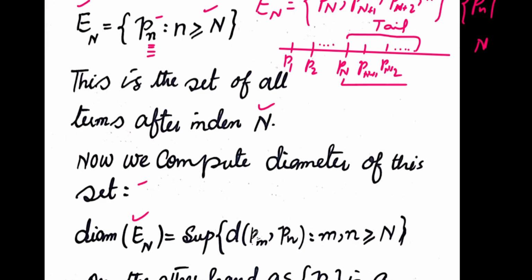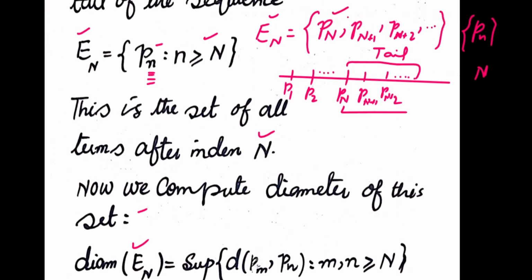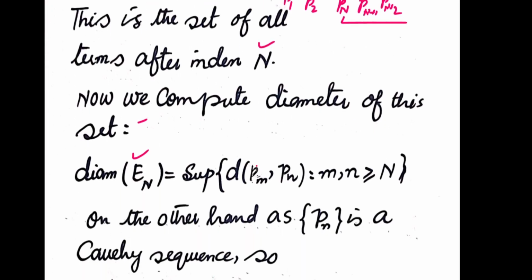As E_N consists of these terms for which the index is greater than or equal to capital N, we can take the distance between only those terms whose index is greater than or equal to N. So suppose I take the mth term and the nth term, and we apply the condition that both m and n are greater than or equal to N. So we are interested in finding the distance between Pm and Pn.